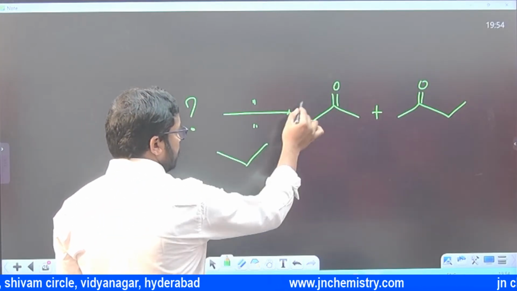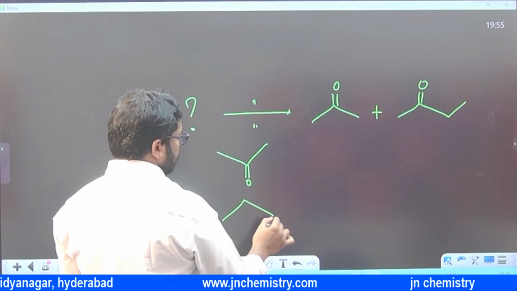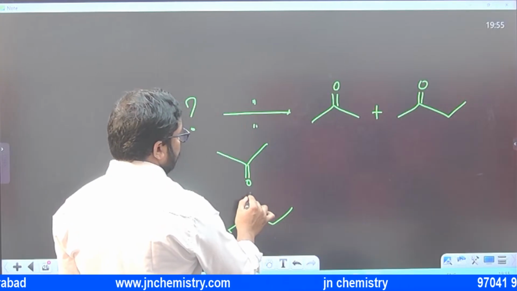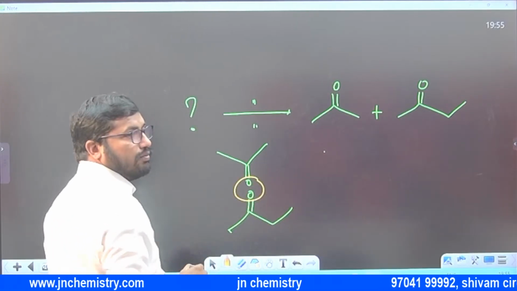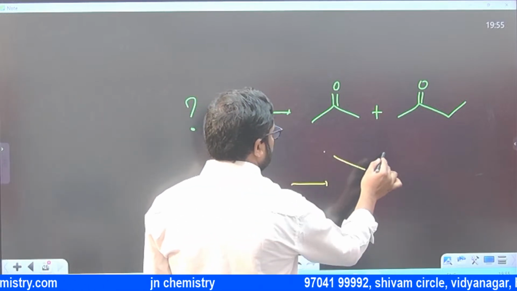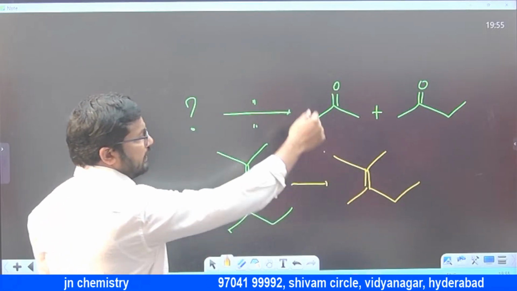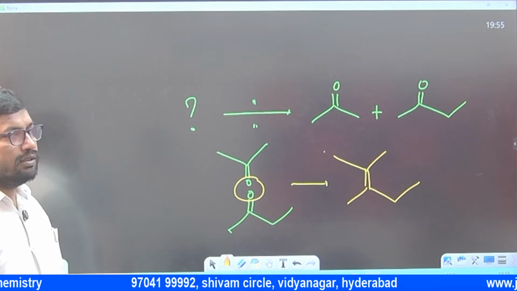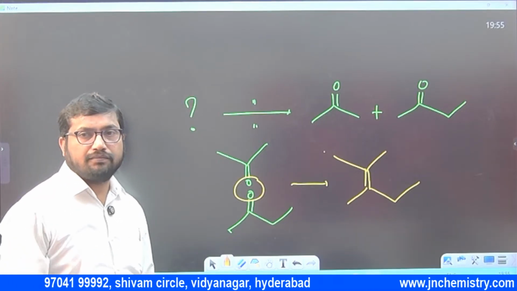For example, this one I am just writing like this, that compound as it is, double bond O, right? Remove water, simply we'll get the compound like this. If we can break it, we'll get the same products. Okay, simple. Yes or no?